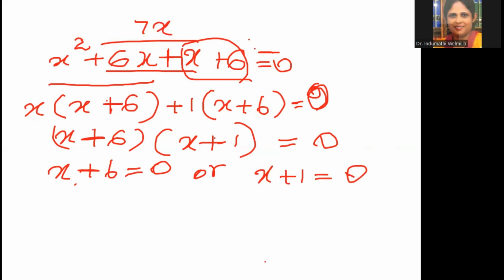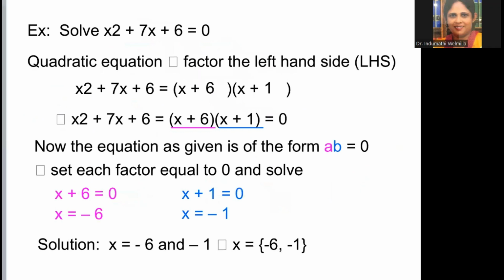From this, x equals minus 6, or from this, x equals minus 1. So we got the two values. This is the way we can solve the quadratic equation using the factorization method.